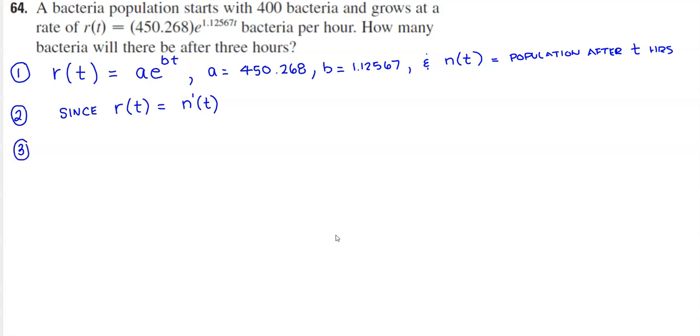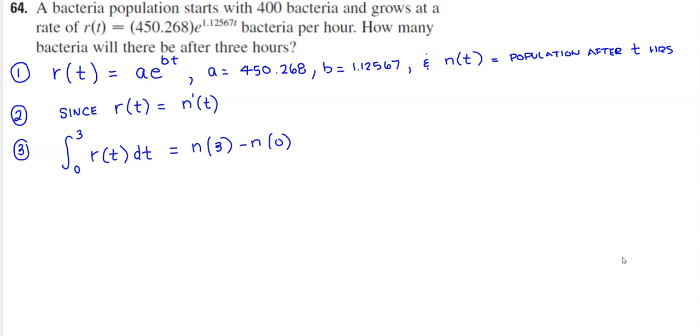Well, we want to integrate, because we want to find after 3 hours, going from 0 to 3 of R of t dt. Well, what does that equal? That's going to equal n of 3 minus n of 0, which is the total change in population after 3 hours.